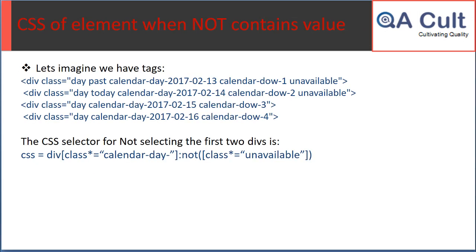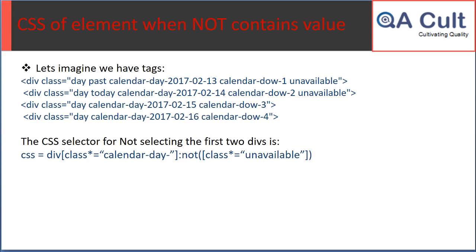Next I will be covering CSS of elements when a certain specific value is not there. Actually I am preparing the CSS of the last two div elements. See, there are 4 div elements and the last two div elements do not contain the class unavailable. The top ones contain class unavailable.